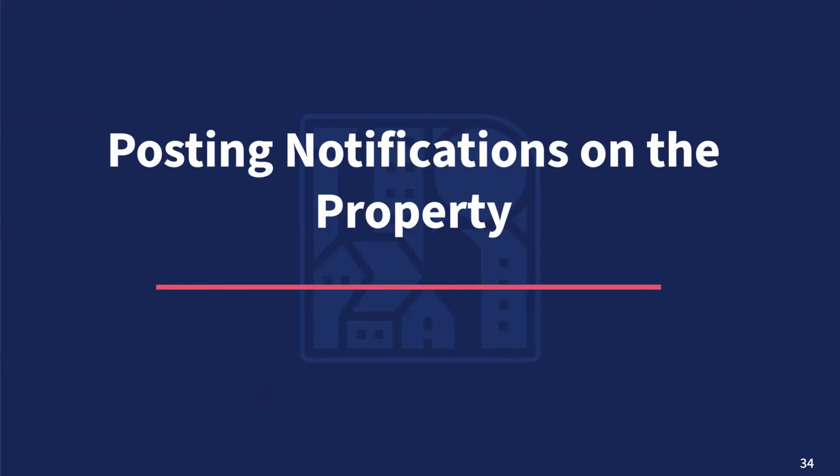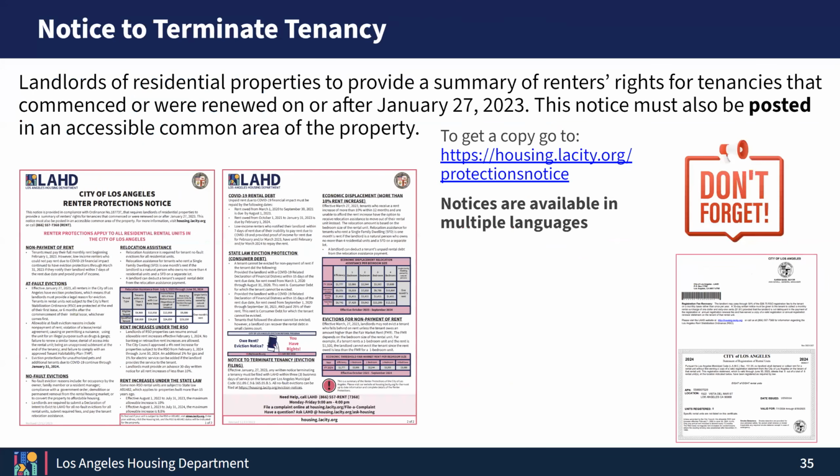Posting notifications on the property. An owner must post a rental protections notice on the property, and this was effective in January of 2023. It must be posted in an accessible common area of the property. So the laundry room is a great example of a common area.